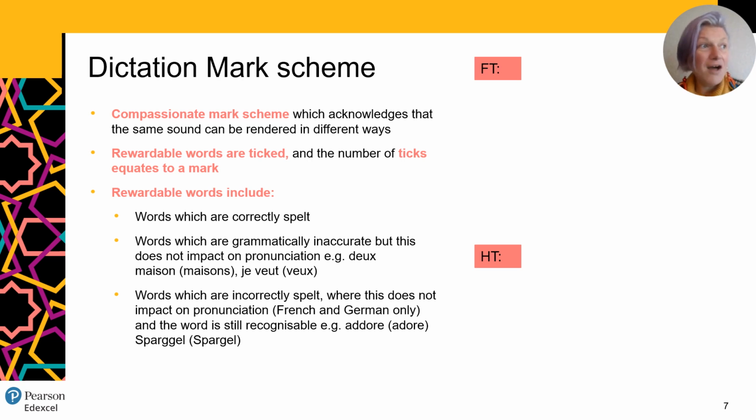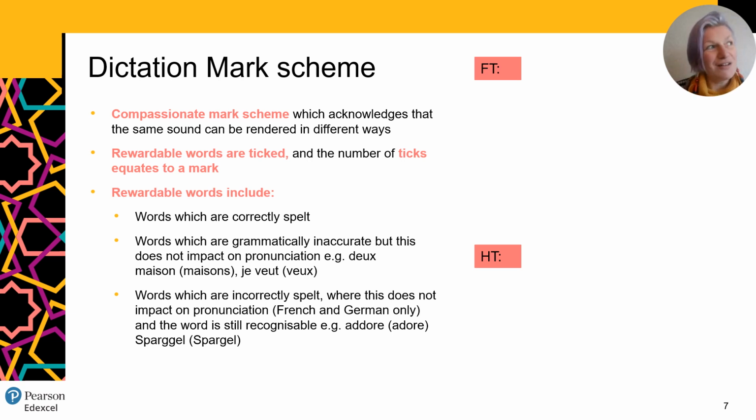Where you can think of other examples that the sound is the same, but the difference it renders is a grammatical one, then in those circumstances where the word is still recognizable, it's not so poorly rendered that it's become nonsensical, then they would get the tick.